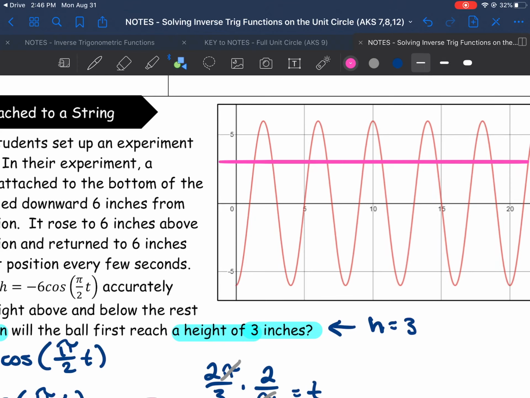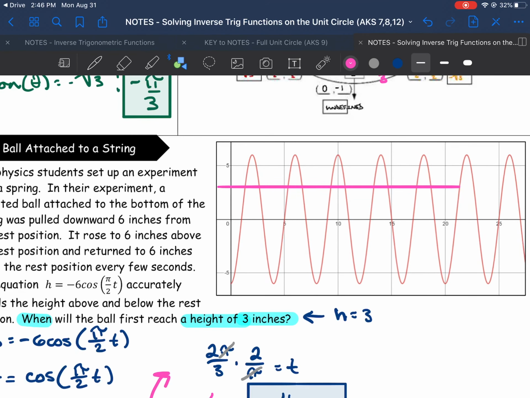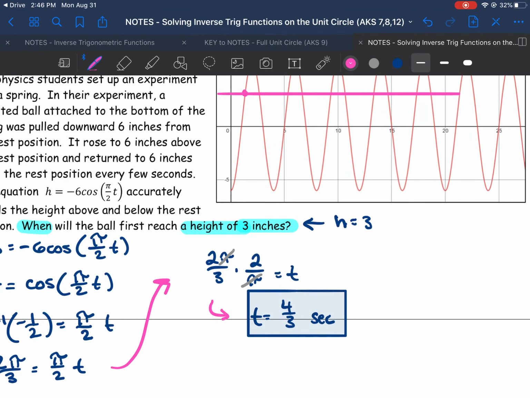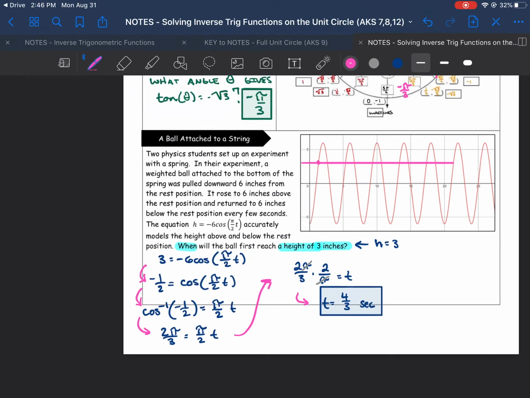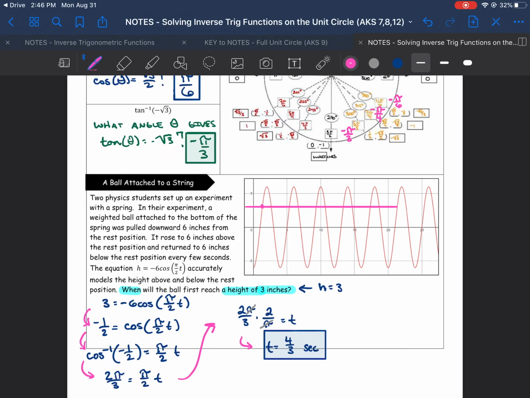Again, we're estimating here. So when would the ball attached to the spring first reach that height of 3? Well, it first happened right there. And again, we don't know exactly what that point is, but it's pretty close to 1, and we can see our time is 4/3 seconds, which is 1.3 repeating seconds. So we have a pretty close estimation there.